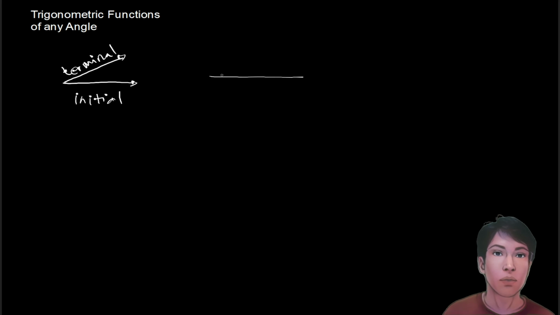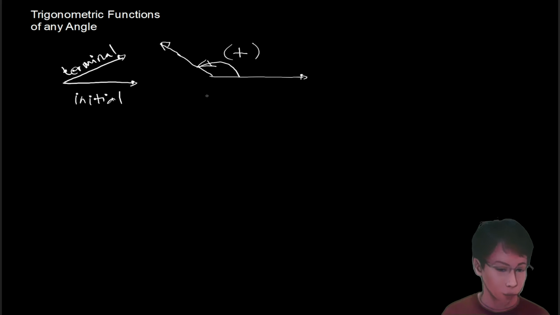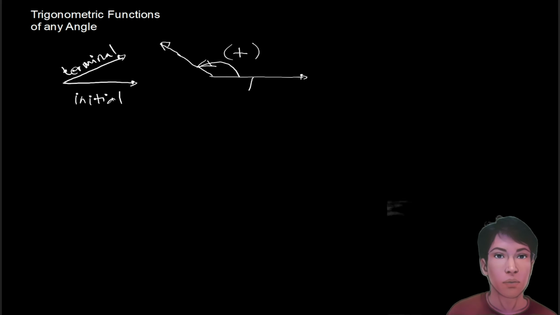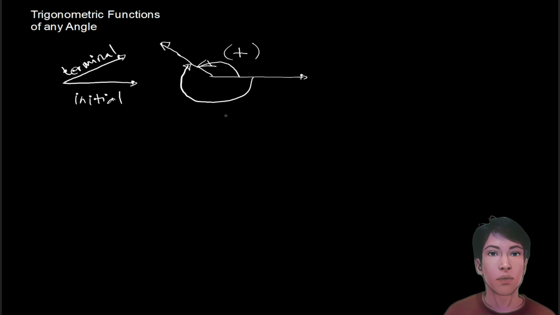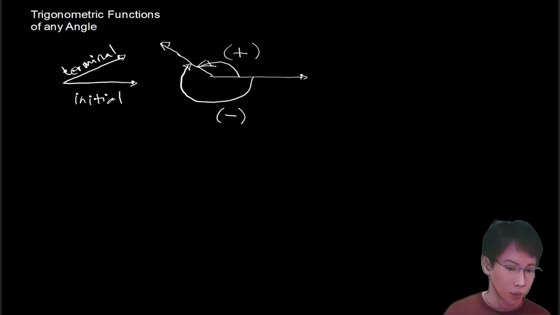So if an angle is measured like this, it is positive. If an angle is measured like this, so here up to here, the angle is expressed in negative.